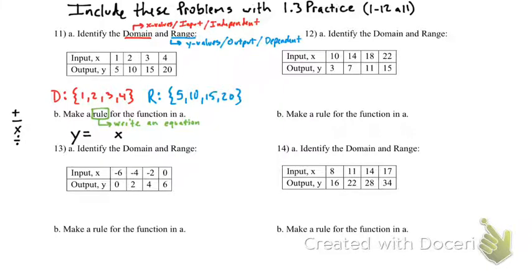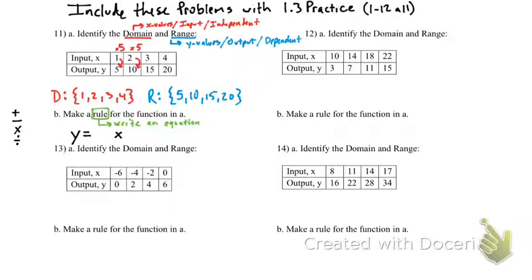So what I'm gonna try is I wanna multiply by 5. Because when I multiply the input by 5, 1 times 5, it gives me the correct output. So this one works so far. I got to test it for the other ones. So my rule I think that's going to work is multiplying by 5. So 2 times 5, does it give me my output?